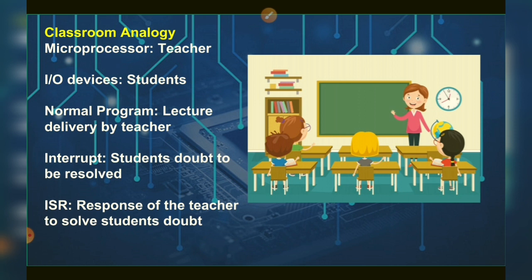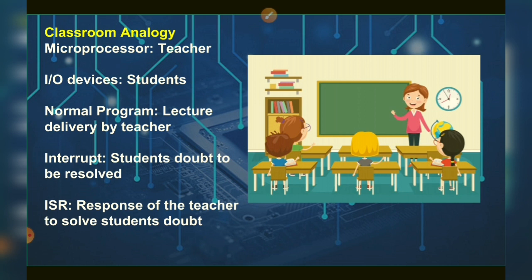There are two ways in which doubts can be handled. The first method is where the teacher explains some part of the lecture content and asks each student one by one whether he or she has any doubts. After resolving their doubts, if any, the teacher would come back and start with normal lecture delivery.